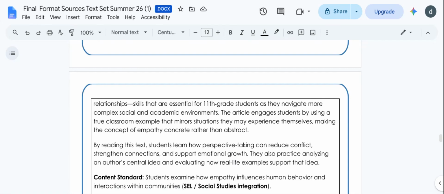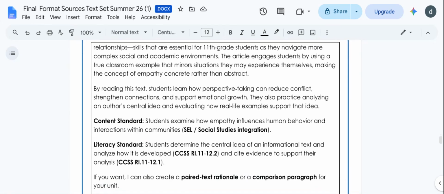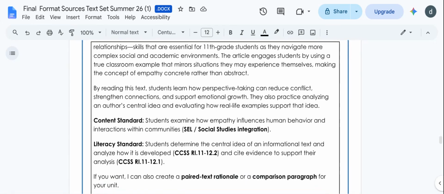They also practice analyzing an author's central idea and evaluating how real-life examples support that idea. In the content standard, students examine how empathy influences human behavior and interaction within community, social-emotional learning, and social integration. In the student standard, students determine the central idea of an important text, analyze how it develops, and cite evidence to support their analysis.